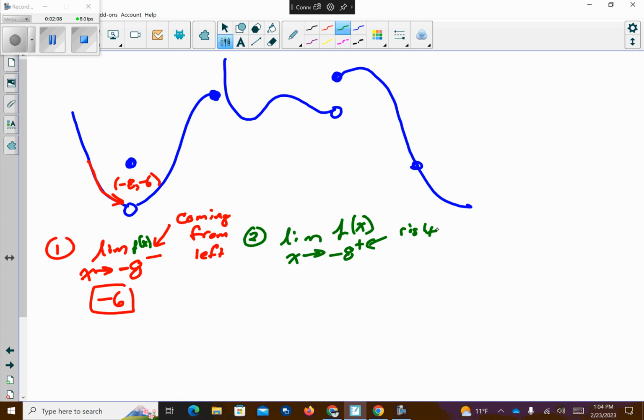Huh, I'm sorry. All right, so this is going to be coming this way. So what is the limit with the green? Is it the same or is it different than the -6? It's the exact same, yeah. Okay.